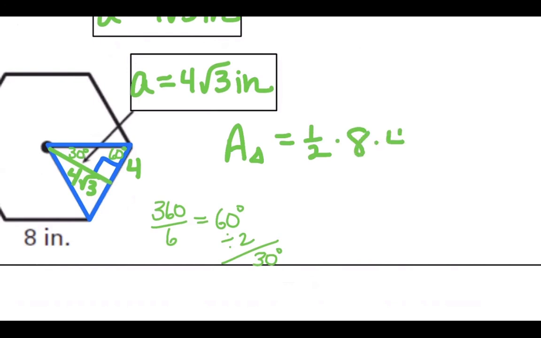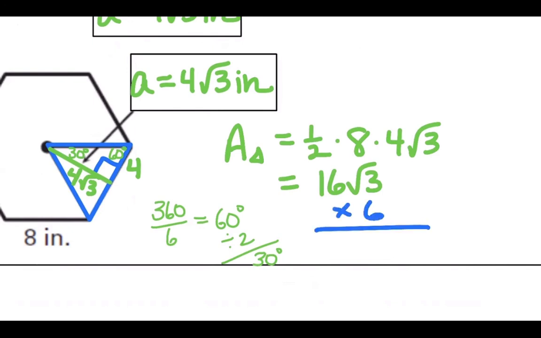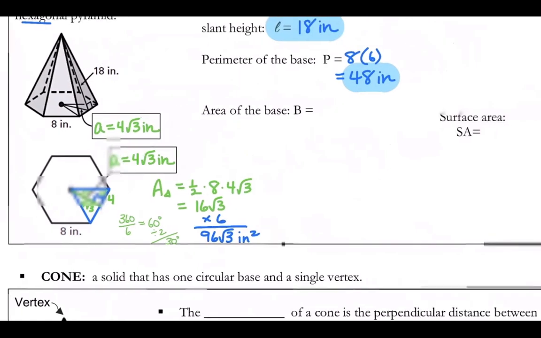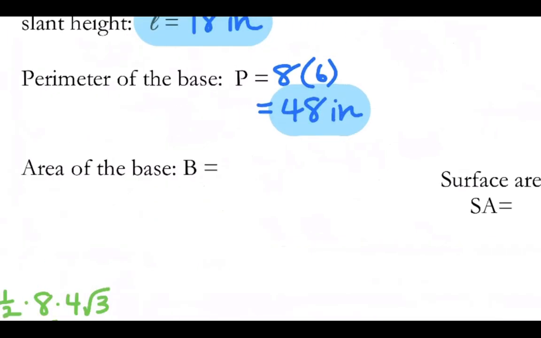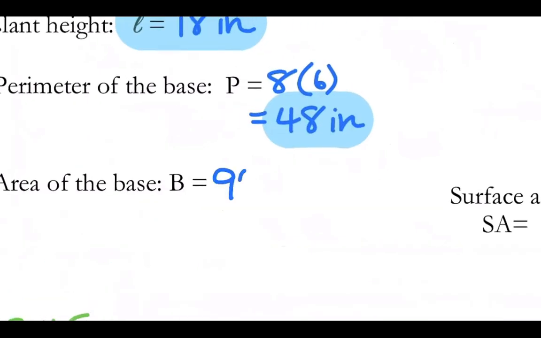The height of the triangle is 4 root 3. Okay, that's 16 root 3. There are 6 of those triangles, so multiply by 6, 96 root 3 inches squared for the whole entire base of the pyramid. 96 root 3 inches squared.